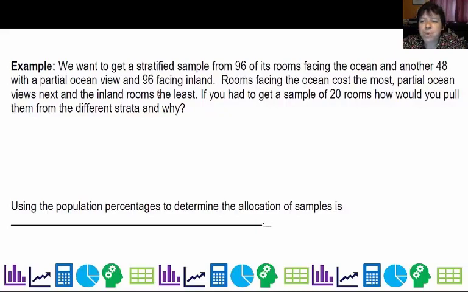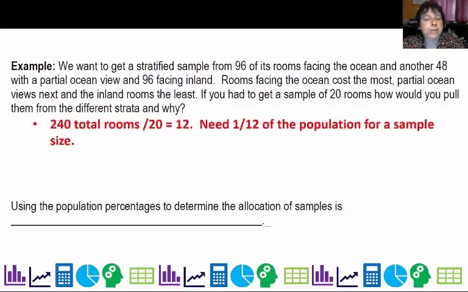Well, that might be okay, but I don't have an equal number of rooms of each type. They're actually different proportions. So one thing I could do is look at the percentage of the population that I want to sample. All right, so 240 total rooms, I want 20. So I roughly need 1/12 of the total sample size.